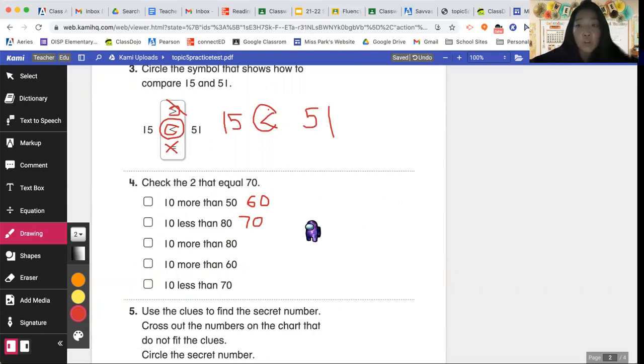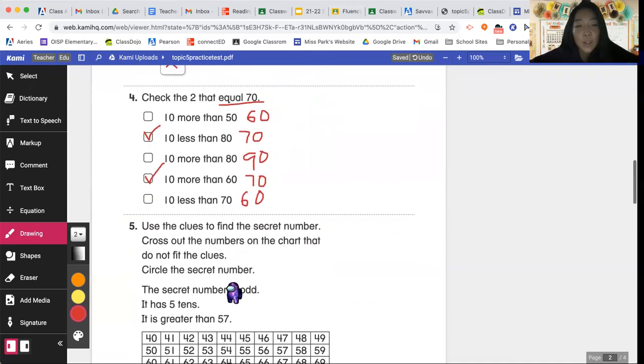You may use a hundreds chart. 10 more than 80 would be 90. 10 more than 60 would be 70. And 10 less than 70 would be 60. So which of those equals 70? We have 2. We've got 10 less than 80 and we've got 10 more than 60.